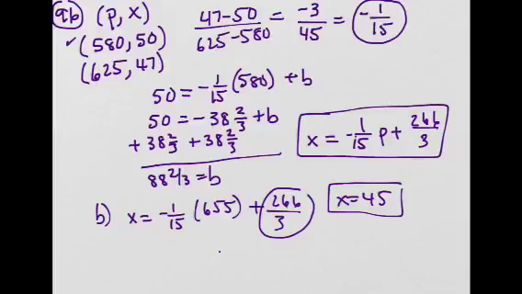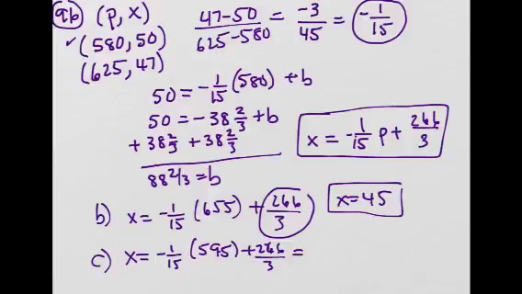Okay, and then for C, they want you to predict how many units would be occupied when the rent is lowered to $595. So same equation, negative 1 over 15. Instead of $655, it's going to be $595, plus 266 over 3.